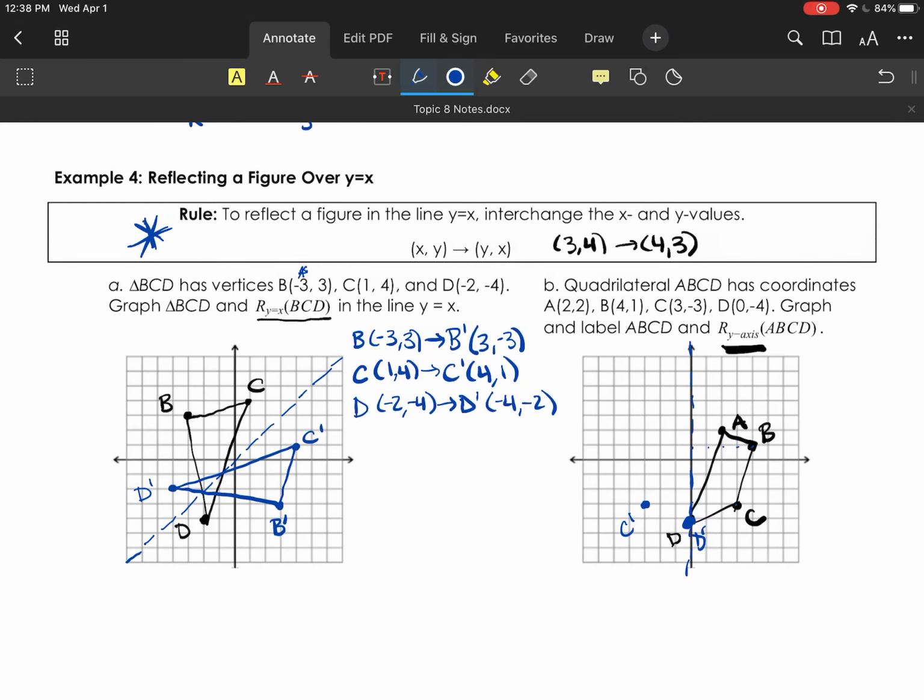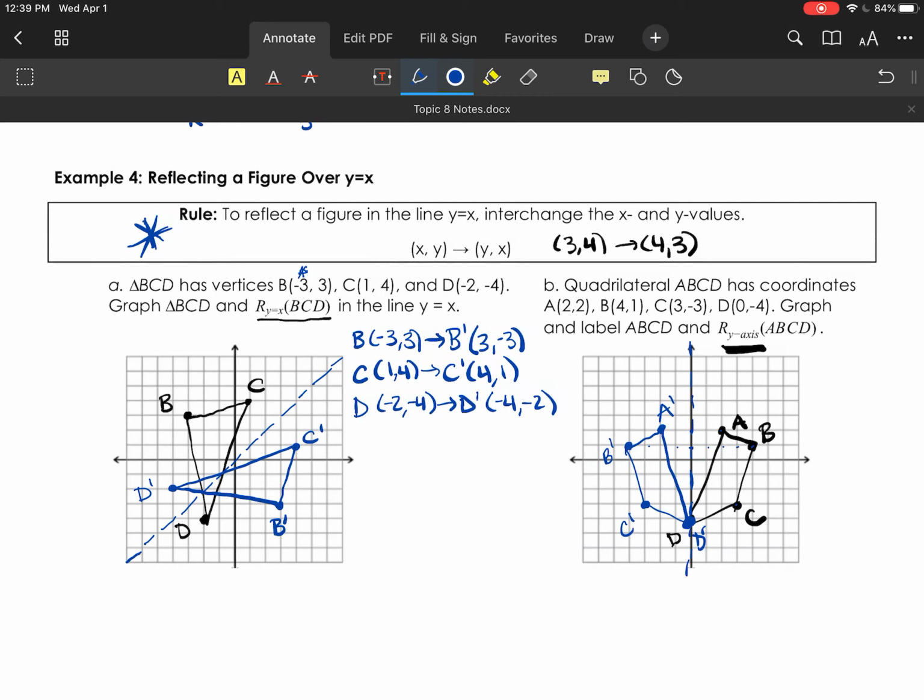B is 1, 2, 3, 4 units away from the y-axis. So I'm going to count 4 units to the left. That's B prime. A is 1, 2 units away. I'm going to count 2 units to the left. Label that A prime. Connect my 4 dots to make a new quadrilateral. And there you have your reflection.